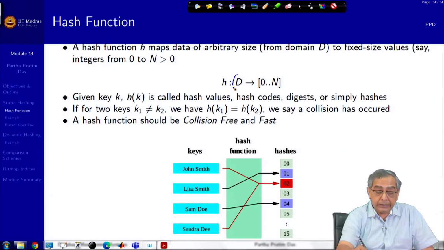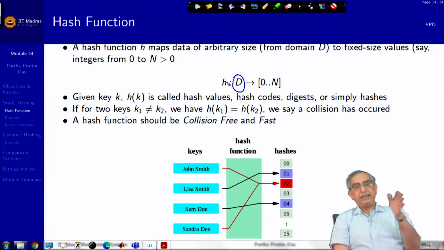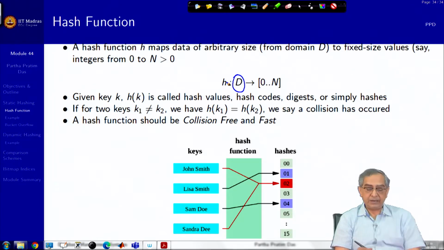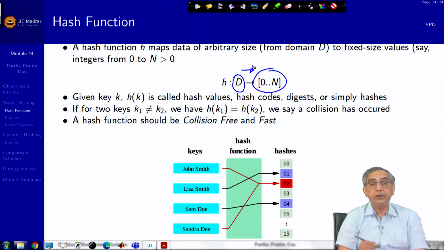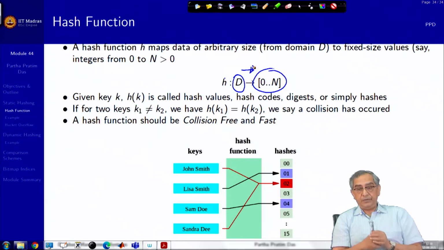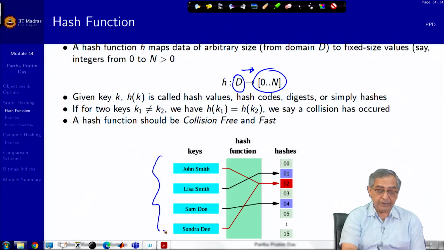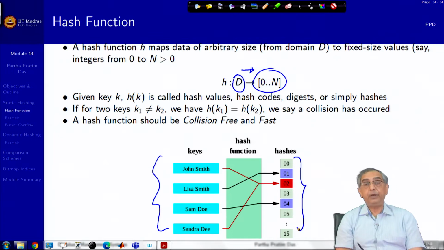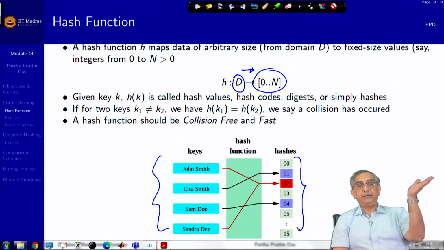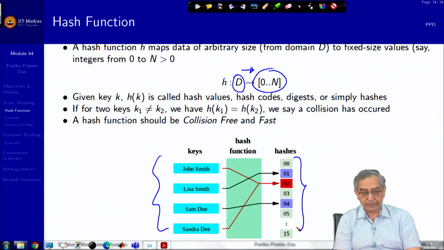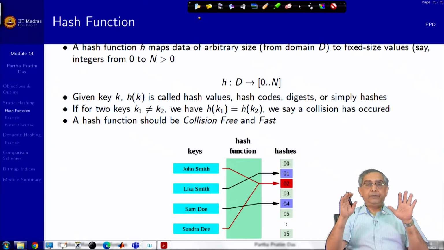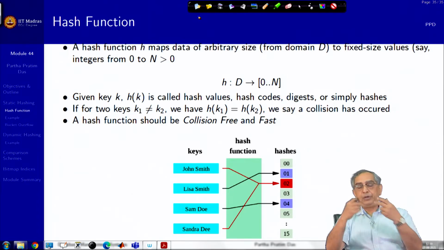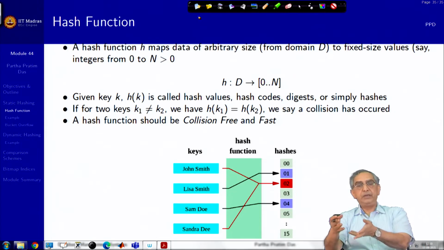So, instead of using values of D as an index, you use a function that maps D onto a small range of values. So, you have different names here, and you map them to a range of say 16 values, called hash values or hash keys, so that this function takes a value from D and produces a value between 0 and n.